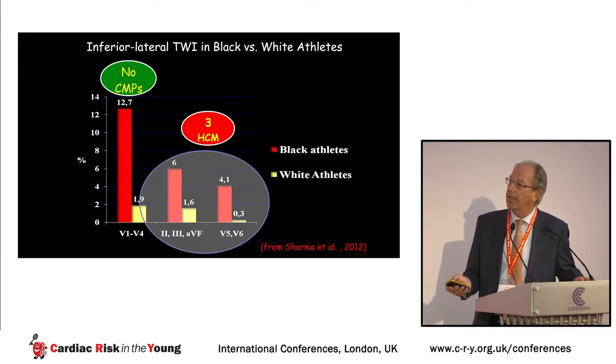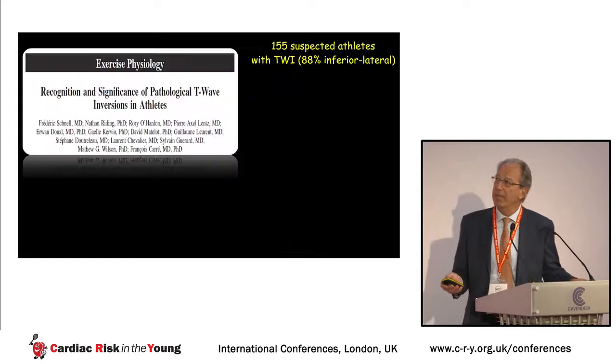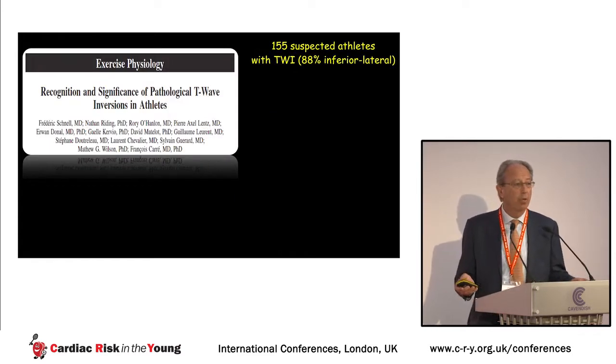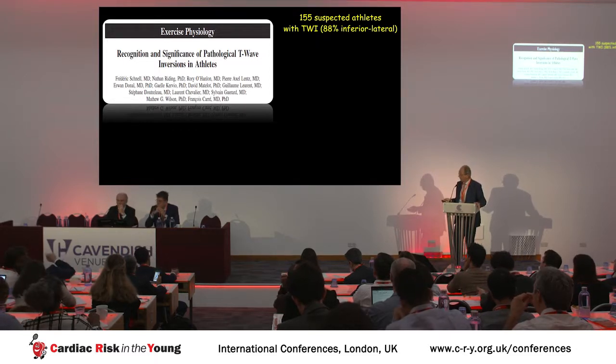In case of inferior and lateral T waves, they found people with hypertrophic cardiomyopathy, while in people with the anterior inverted T wave, they had the same experience we had, and no one had evidence of hypertrophic cardiomyopathy. So, the first message is that we should look for underlying cardiac disease, and mostly cardiomyopathies, and mostly hypertrophic cardiomyopathy.